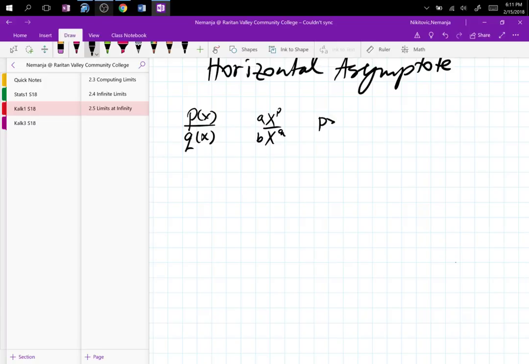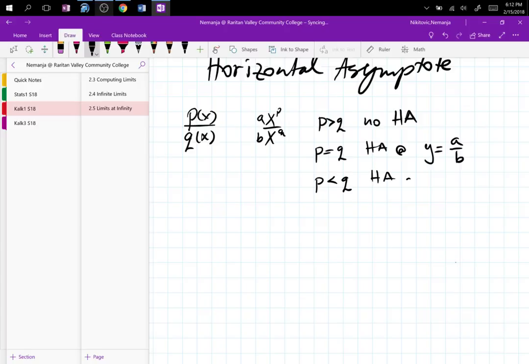If p is bigger than q, no horizontal asymptote, if the degree of the numerator is larger than the degree of the denominator. If p is equal to q, your horizontal asymptote is at y equals a over b, so the ratio of the coefficients. And finally, if p is less than q, the horizontal asymptote was at y equals 0.